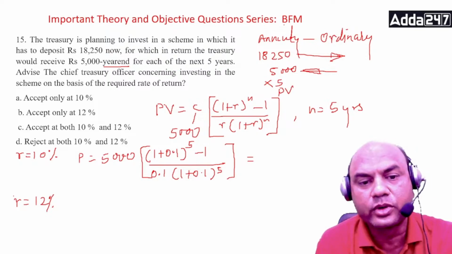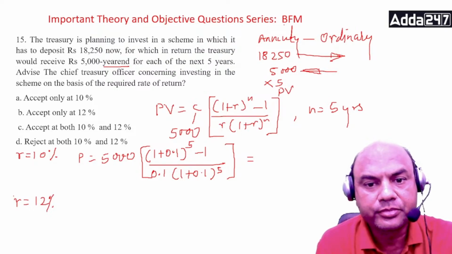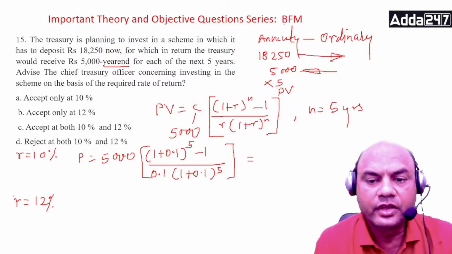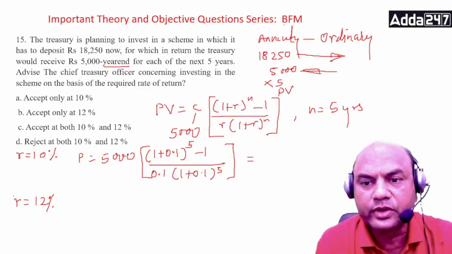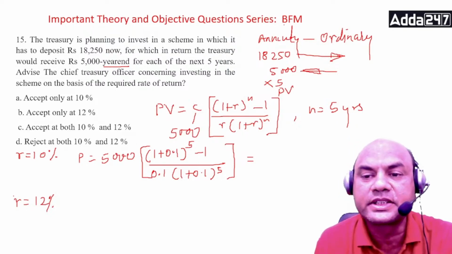Let me see who gets the answer first. 1.1 raised to 5, keep it simple. Use it, into, equal to 5 times. You'll get this as 1.61.